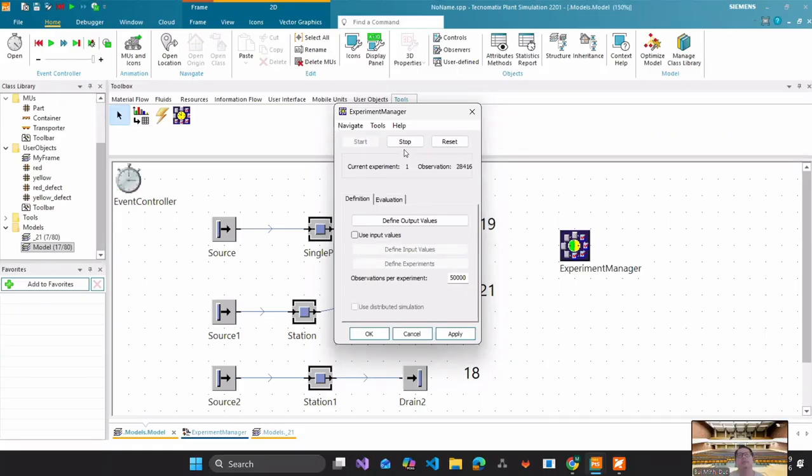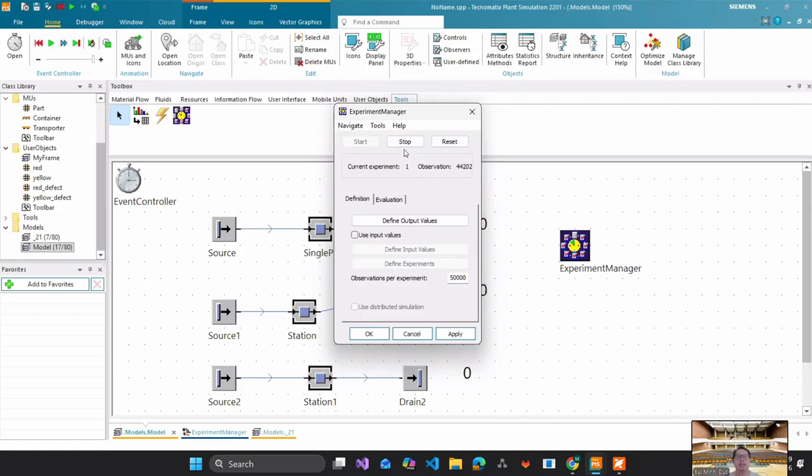Okay, so the observation means how many times it runs the simulation model. I set two observations. It means that I run the simulation model 2 times with different environments, with different random seed values, and then I observe the result. So it means observation.